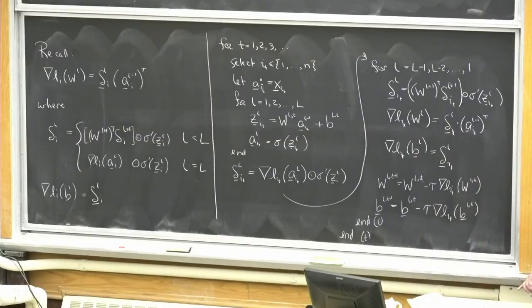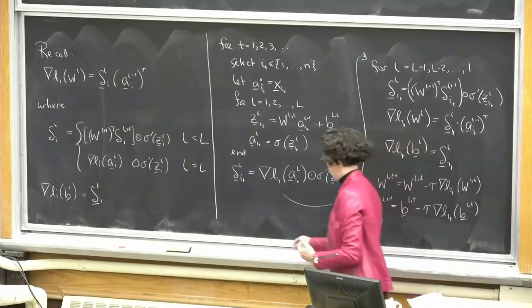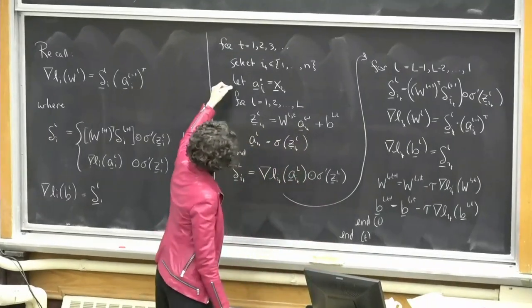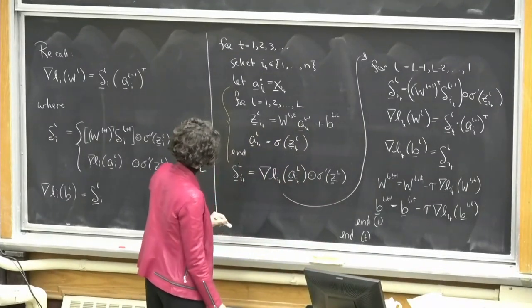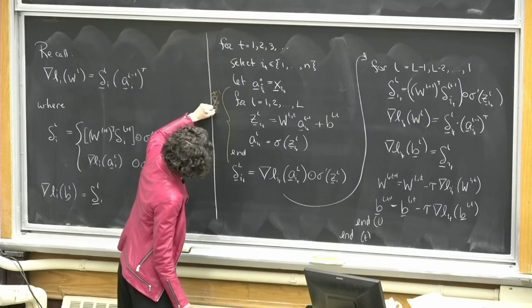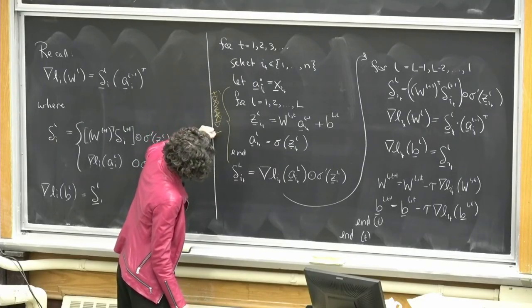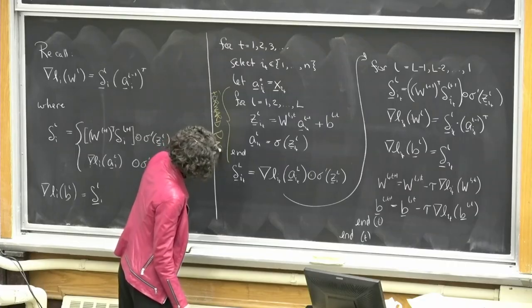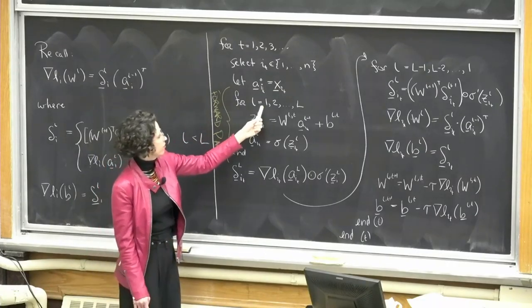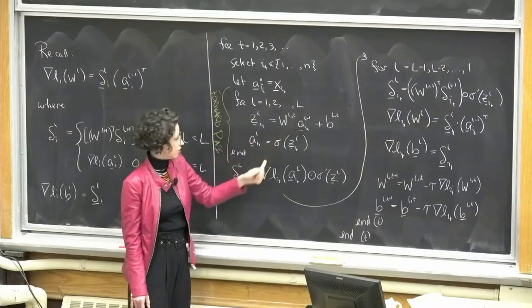So when I do this, there are two distinct chunks involved. First, there is this loop here. This we would call the forward pass, because we are taking our sample and passing it from the first layers to the last layers.